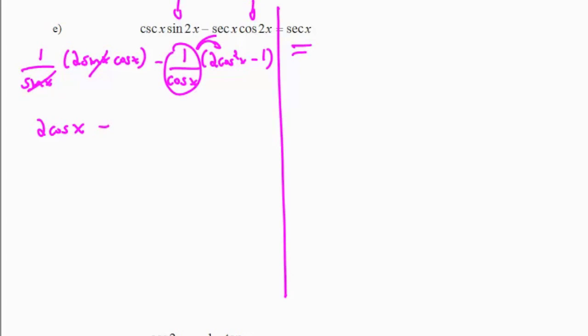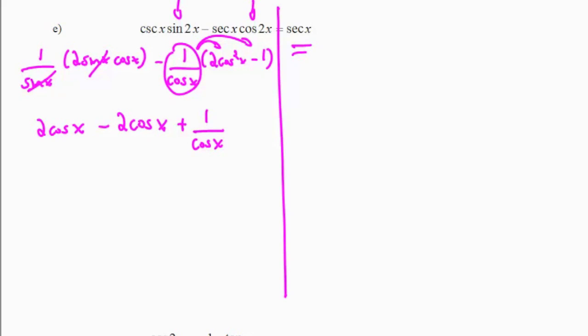This sine cancels with that sine, and we end up with 2 cosine of x. Subtract this particular item. Let's expand that through. We end up with 2 cosine squared x divided by cosine x, which is just 2 cos x.